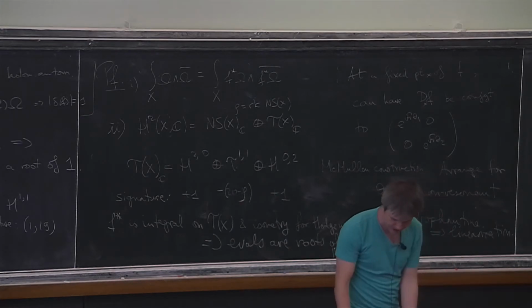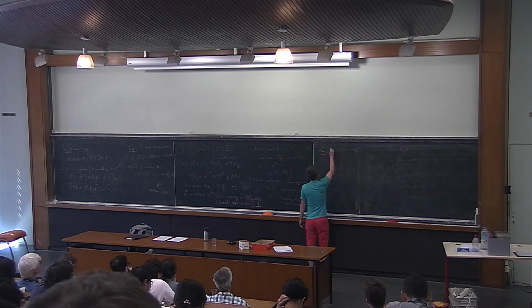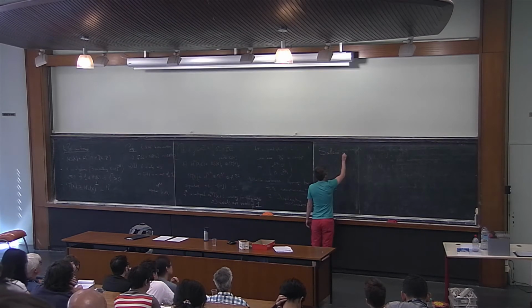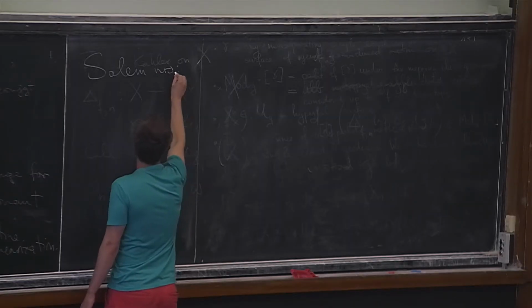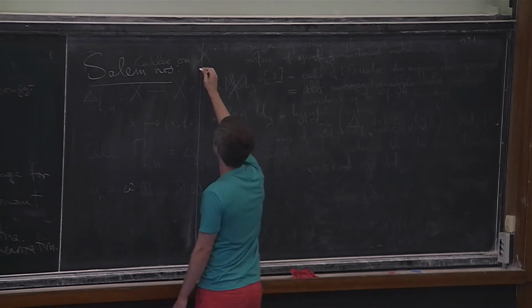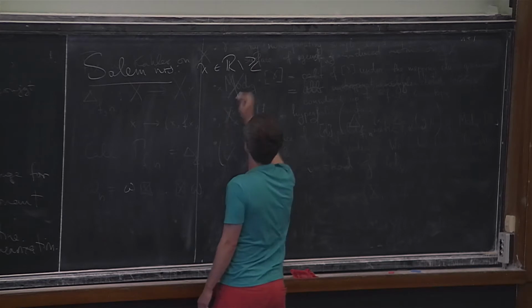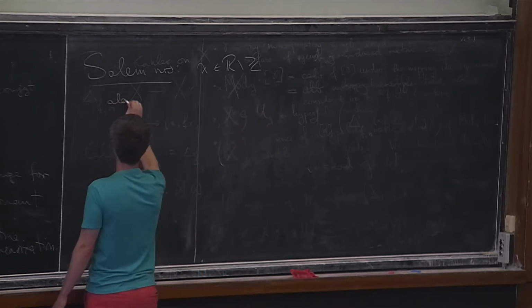Maybe just as an aside, let me say a few words about Salem numbers, because I think this is of interest to at least some people in the audience. So what is a Salem number? You have, say, lambda, a real number, which is not an integer. This is an algebraic integer.